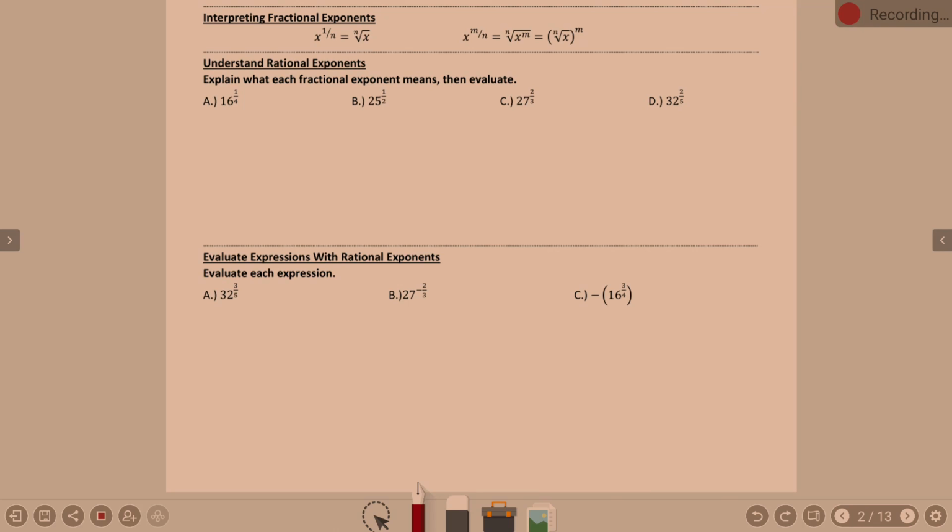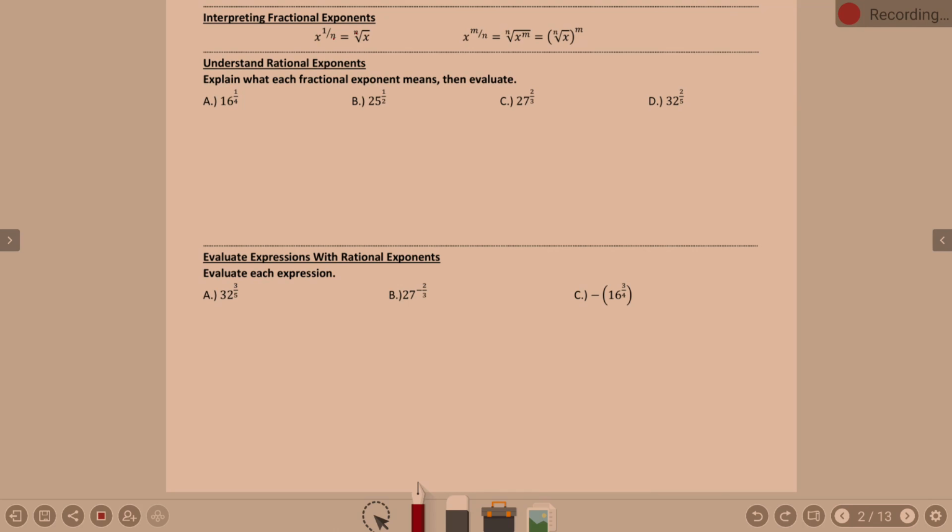So connections: x to the 1 over n is equivalent to the nth root of x. When you look at the denominator of a fractional exponent, that tells me what root we're doing. If it said x to the 1/2, I'd be doing the square root of x. If it said x to the 1/3, I'd be doing the cube root of x. So that number in the denominator tells you what type of root, what type of radical.